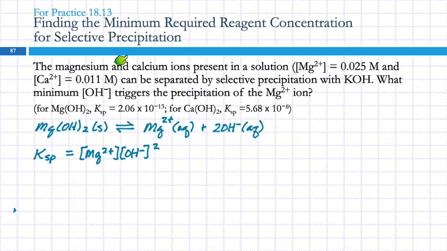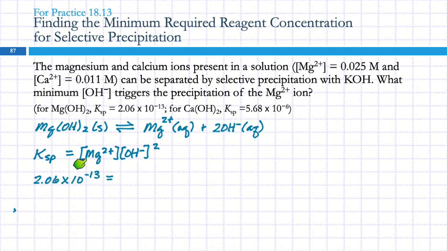So we know what the magnesium ion concentration is. It's 0.025. Actually, let's do it this way. And we know what KSP is. So here's our KSP, 2.06 times 10 to the minus 13.